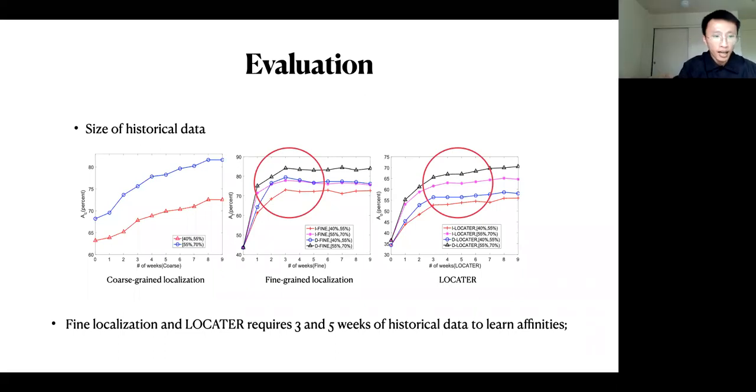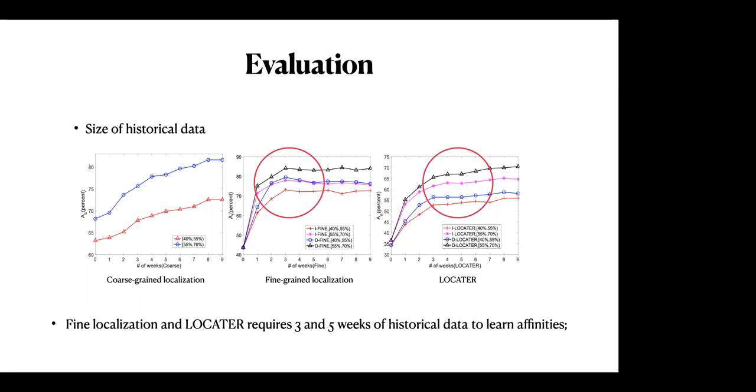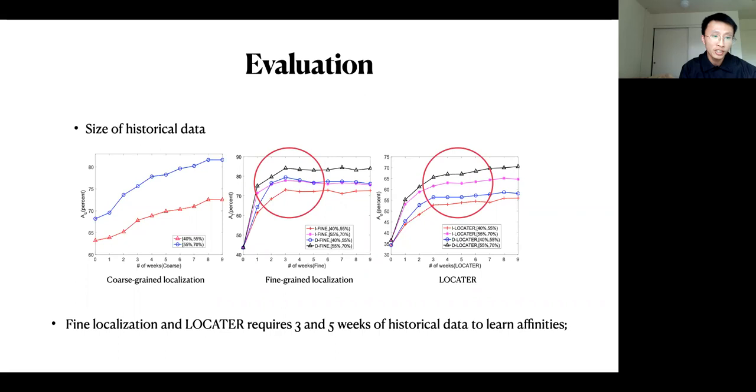So basically, the I find here is the fine-grained algorithm based on the assumption that all the neighbor devices are independent. And this is only for the group of 40 to 55%, because this group of users is the most difficult to predict.